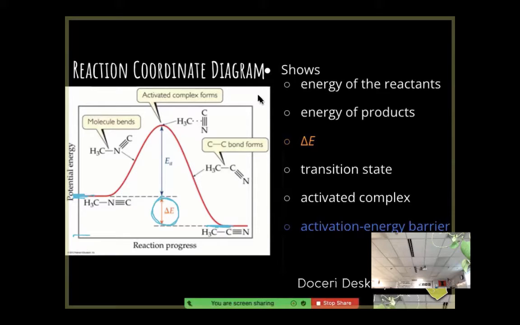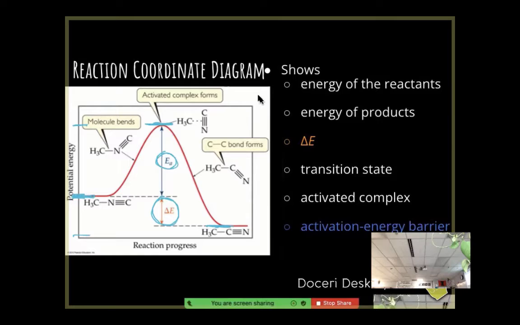Okay, the other thing you can tell, again, if there were values here, is you can figure out what the activation energy is. So the activation energy is the difference between where the reactants are and the top of that energy barrier.